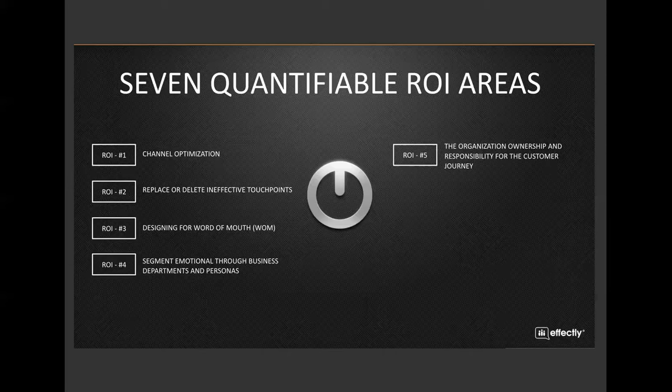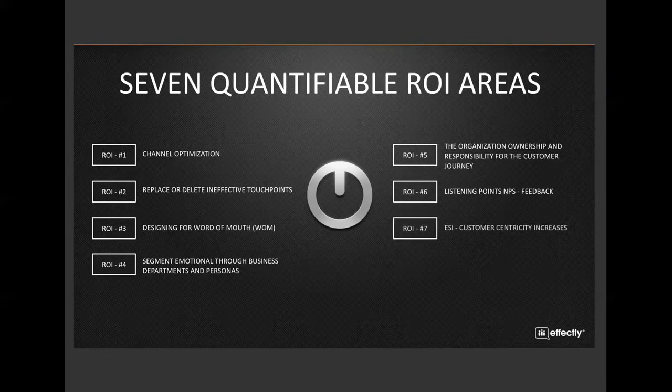Okay, let's talk about the quantifiable value of customer journey mapping. What do we see in front of us? What kind of quantifiable value can we get out of our customer journey mapping processes? We are looking at 7 areas here, and I will talk a little bit about them.